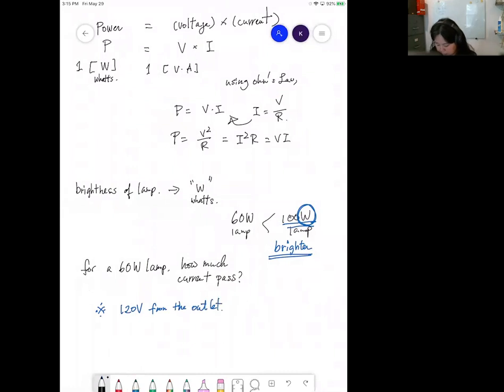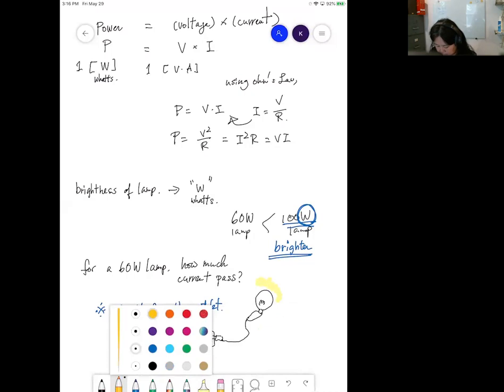What it looks like is that you have an outlet, and you connect it, and then here we have a lamp, and it turns on the light, yellow.